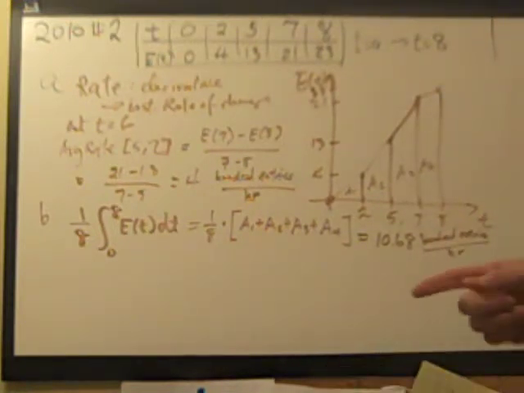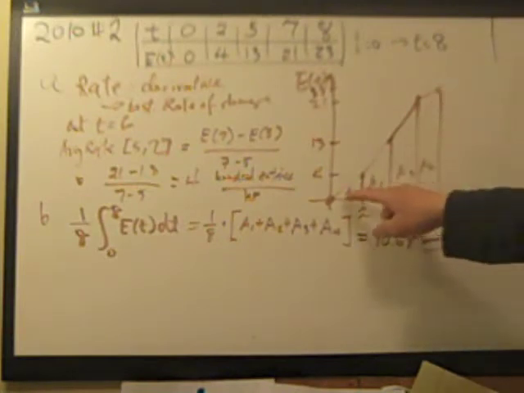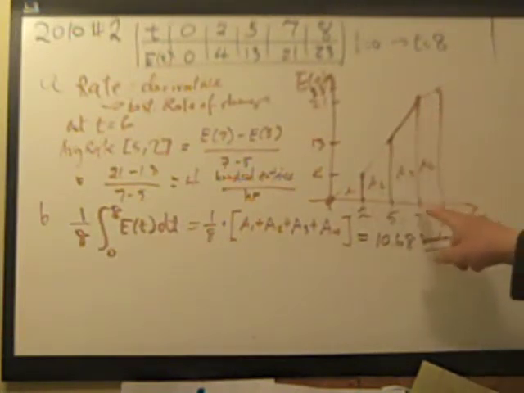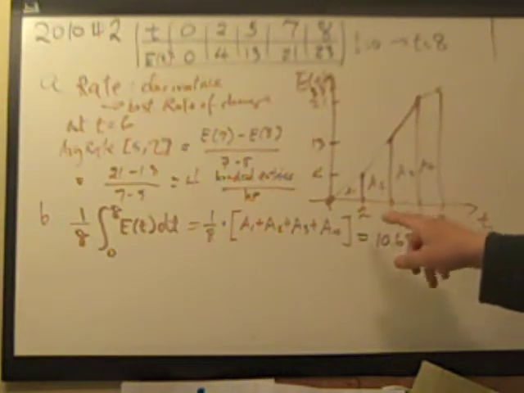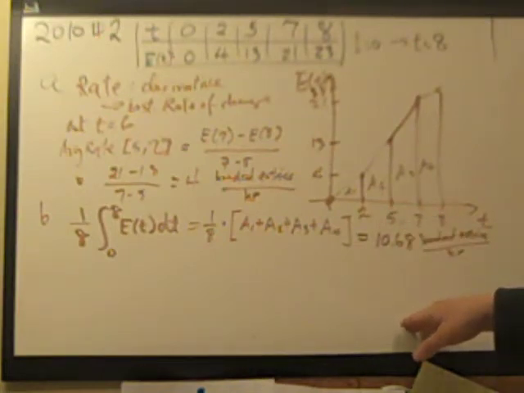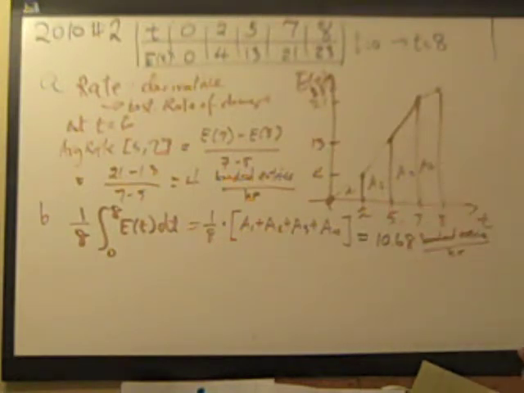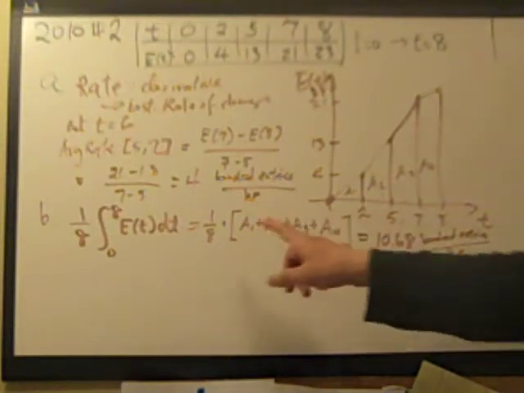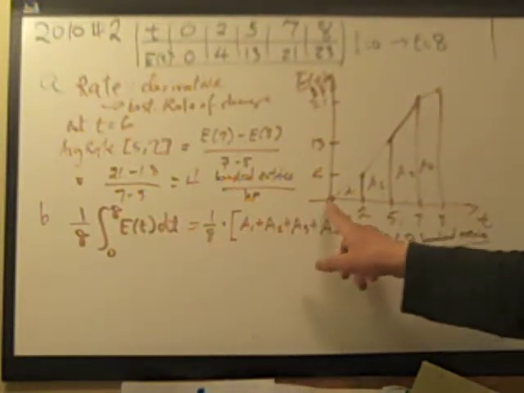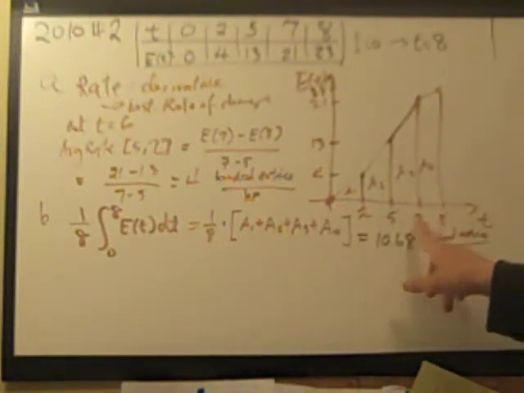Now, why do I say that? Well, the actual area under the graph, right, is the actual number of entries, the total entries. But this 8 right here basically is the 8 hours.